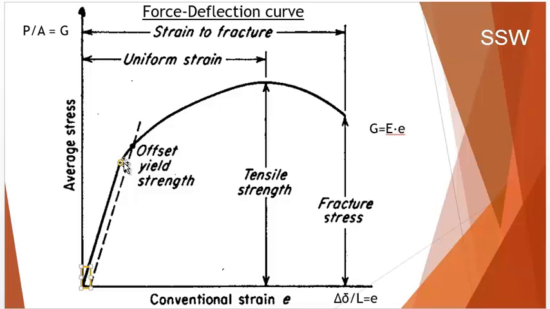And again, I take the helper, and you can see, as stress is growing, the strain is growing proportionally until this point, the yield point. You can see the first part of the curve is a straight line.